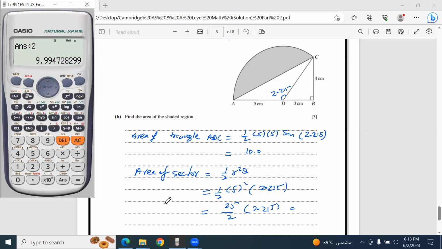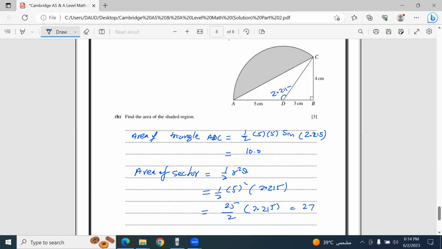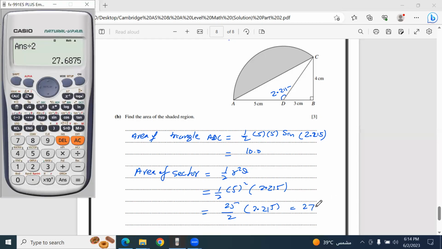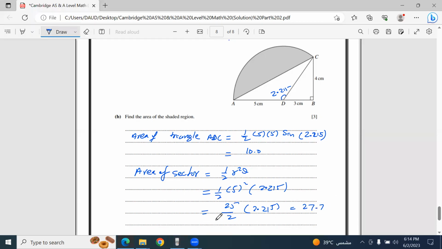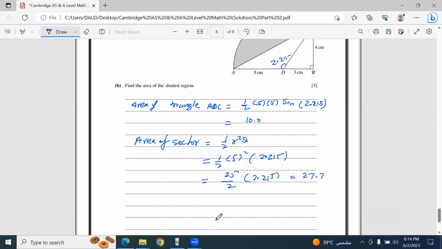If you check in the calculator, 25 times 2.215 divided by 2 gives me 27.7.